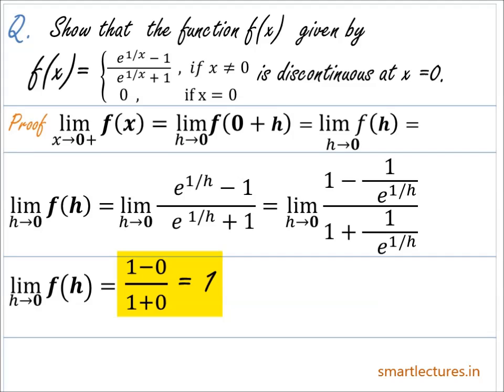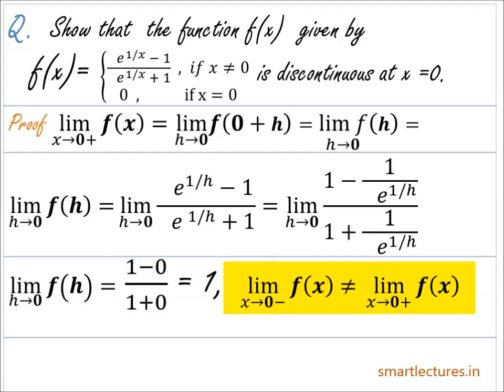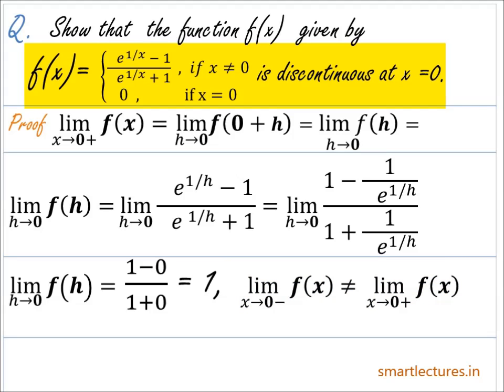So that means the left hand limit is not equal to the right hand limit, or that means the left hand limit and the right hand limit do not coincide at x equal to 0. Or in other words, the function f of x is not continuous at x equal to 0, or the function f of x is discontinuous at x equal to 0.